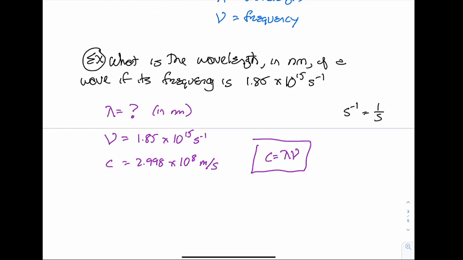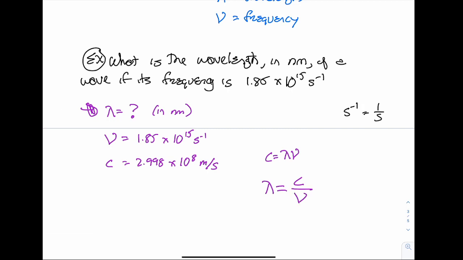I'm going to rearrange first. If you want to plug it in and then rearrange, it doesn't matter, but I'm going to take this equation and solve it for wavelength because that's my unknown in this problem. If I divide both sides by frequency, I get my wavelength.